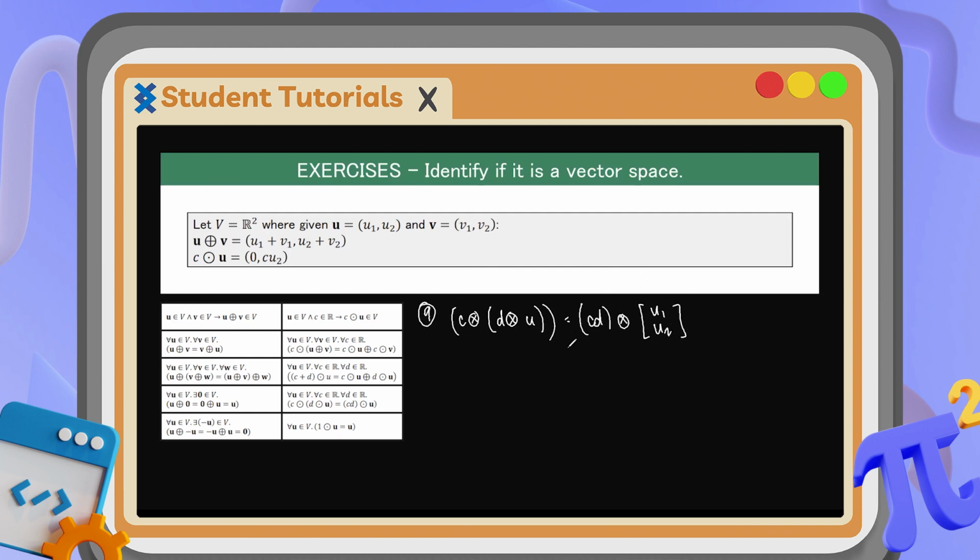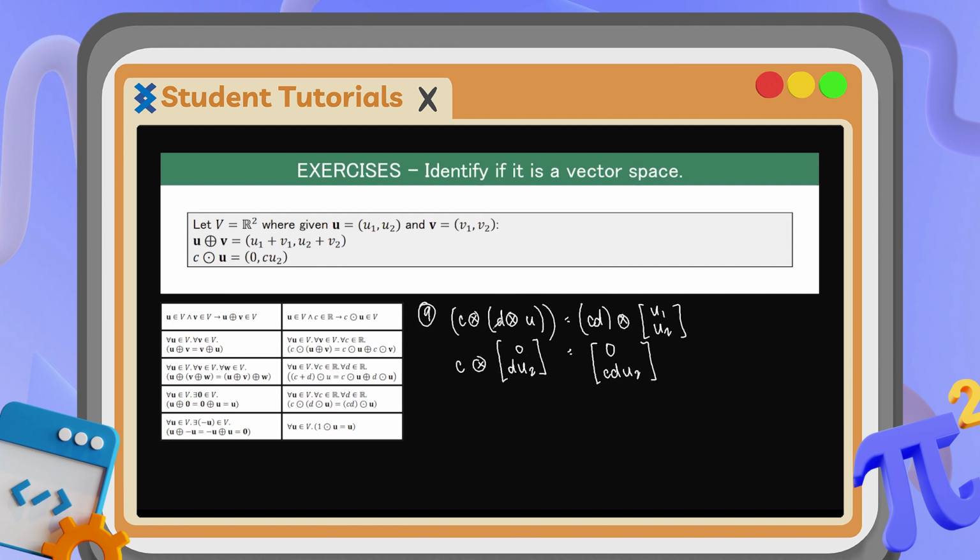Alright, so on the left-hand side of the equation, first again, we apply the rule of scalar multiplication to d and u, giving us first 0, followed by d times u sub 2. Copy the c and the scalar multiplication. On the right-hand side, we already apply the scalar multiplication operation. So that gives us 0, followed by cd times u sub 2.